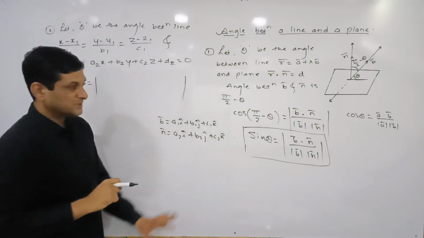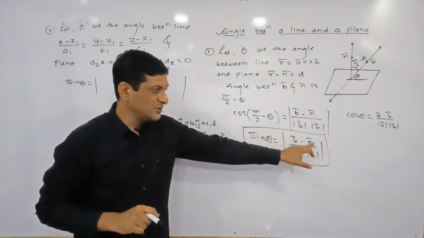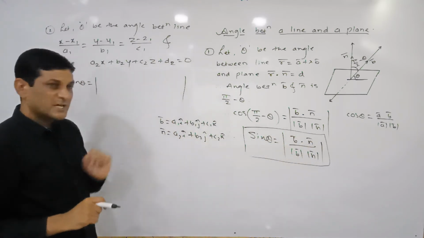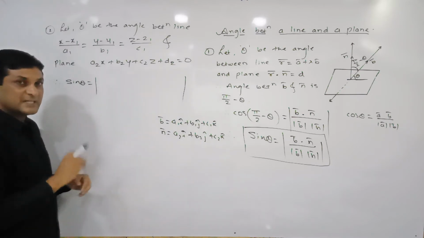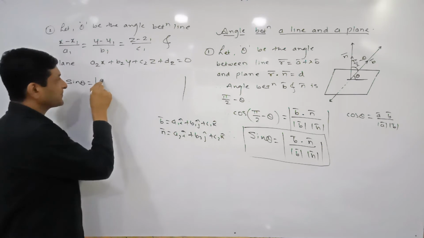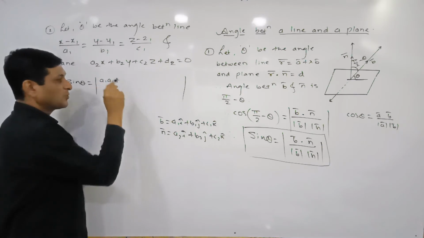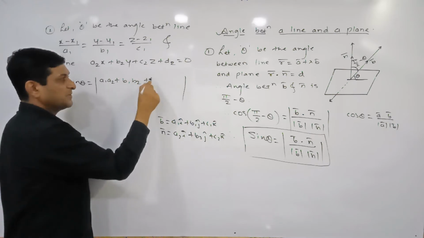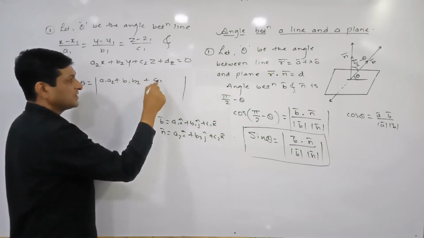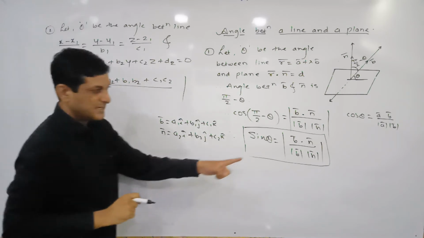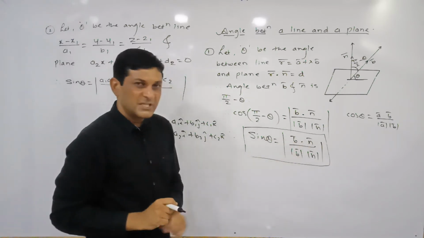Okay, so we are applying the same formula. In the numerator we have to find the dot product, so let us find the dot product of these two vectors represented in Cartesian form. What will we get here? a1a2, the product of the coefficients of i cap, plus b1b2, the product of the coefficients of j cap, plus c1c2, the product of the coefficients of k cap. In this way, in the numerator we have the dot product of these two vectors.